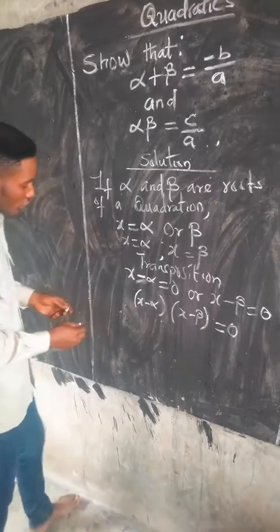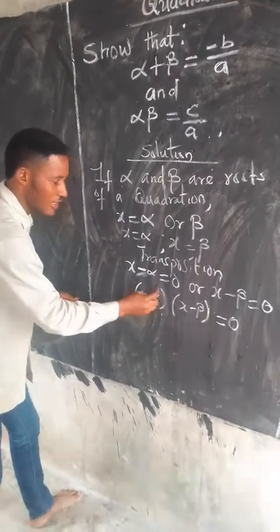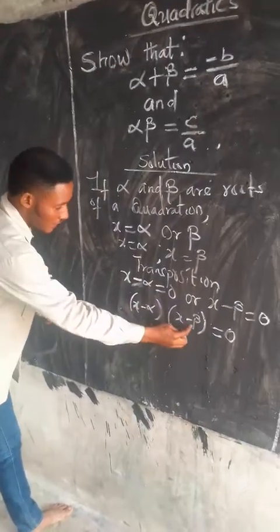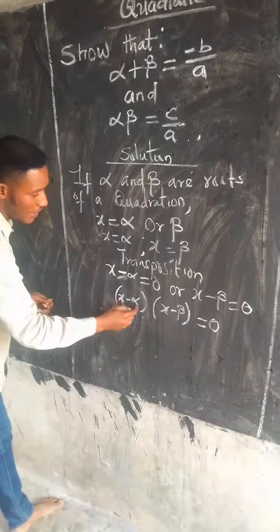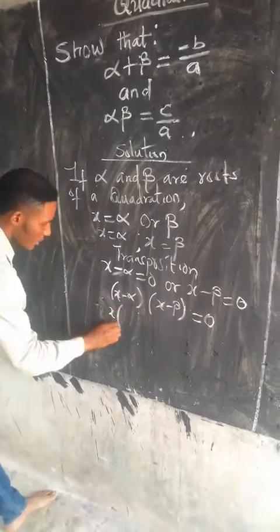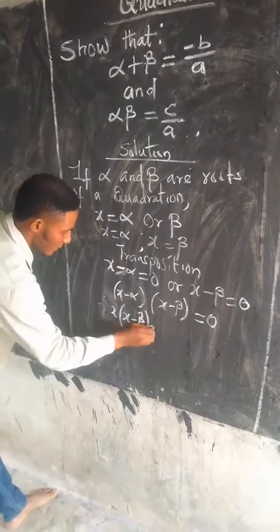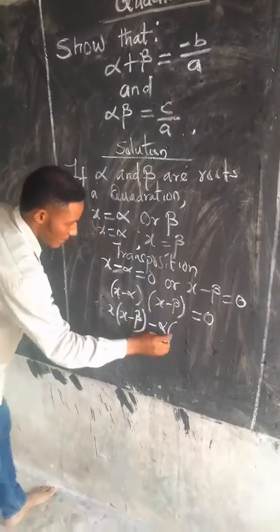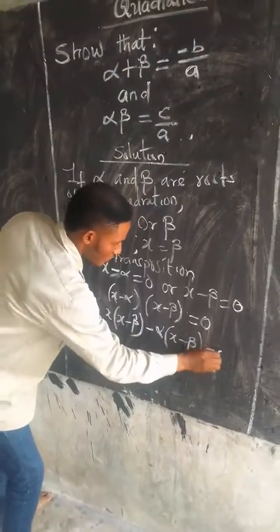By expansion, we multiply x by everything in the other bracket. Then we multiply minus alpha by everything in the second bracket. So we have x(x minus beta) minus alpha(x minus beta) equals 0.